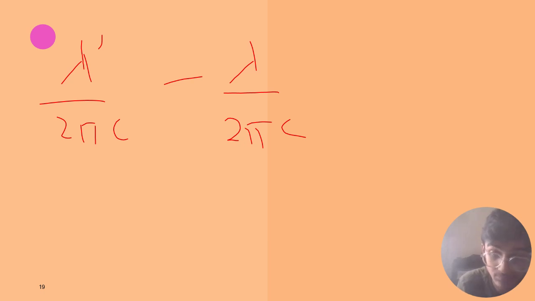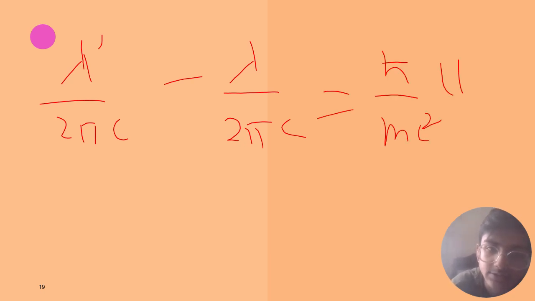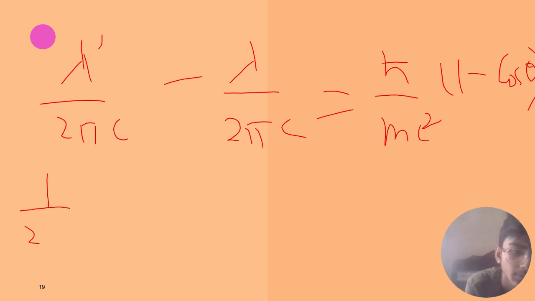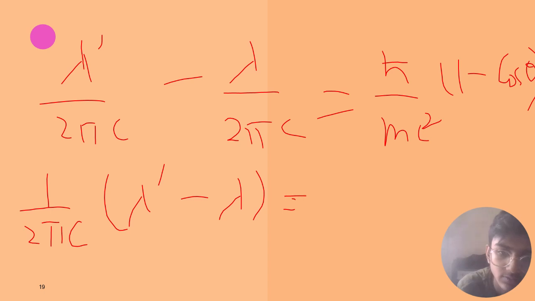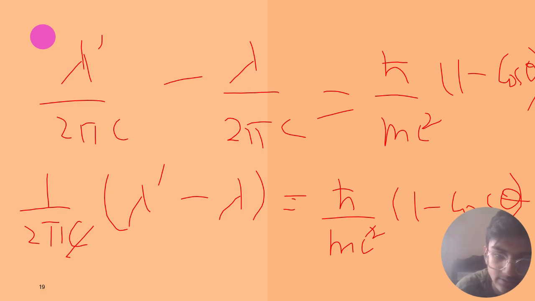So it is h cut by mc square into 1 minus cos theta. Now we will take 1 by 2 pi c common. Lambda dash minus lambda is equal to h cut by mc square into 1 minus cos theta. This c gets cancelled.